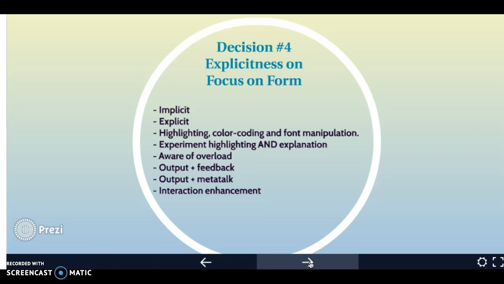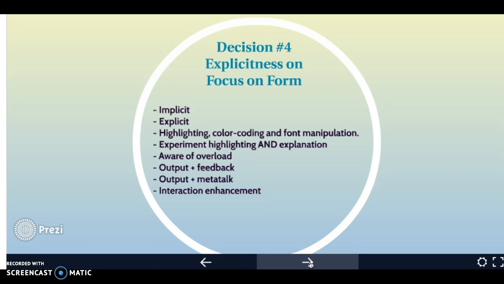Ellis suggests that maybe the best for complex rules is explicit instruction with specially relevant examples. Carroll and Swain argue that explicit instruction combined with metalinguistic feedback may be helpful for rules that are not clear-cut.